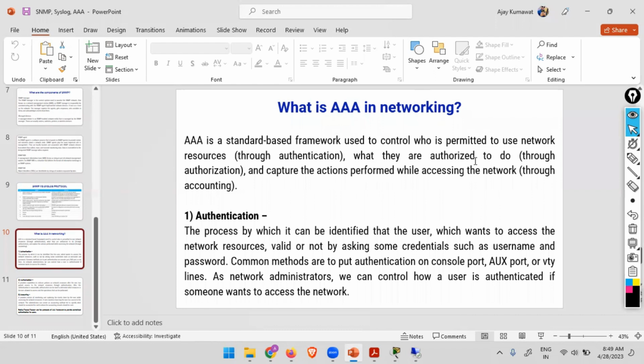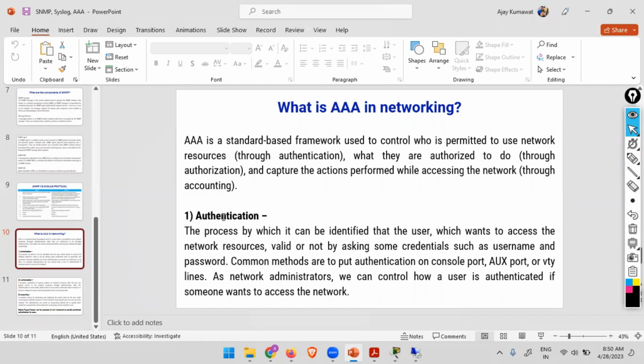Then what they are authorized to do, what actions they can perform, and capture the actions performed while accessing the network. So who accessed the network, what they can do, and what they did. This is all your AAA. Okay. Who is permitted to use the network resource, what they are authorized to do, and capture all the actions performed while accessing the network.